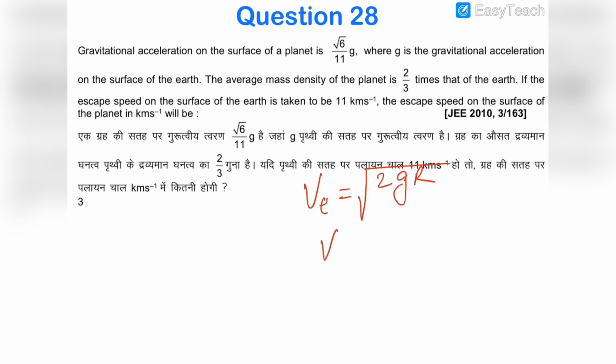So V escape on that planet upon V escape on Earth would be equal to under root of g of that planet into R of that planet upon g of Earth into R of Earth.